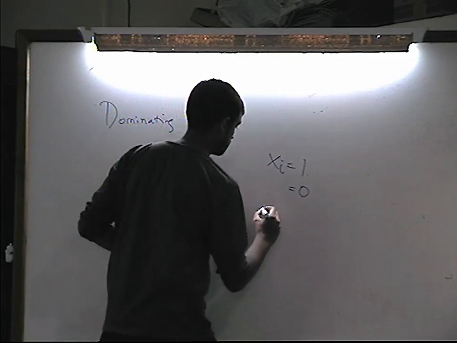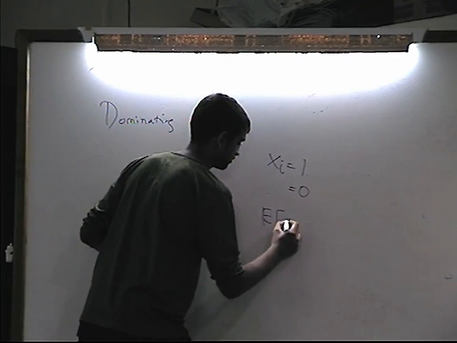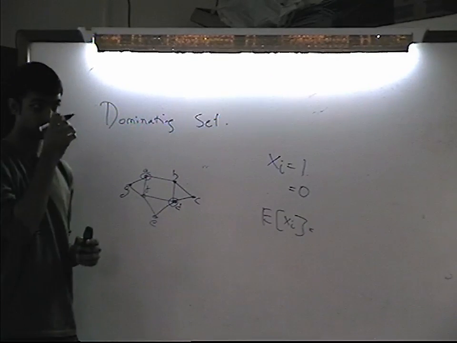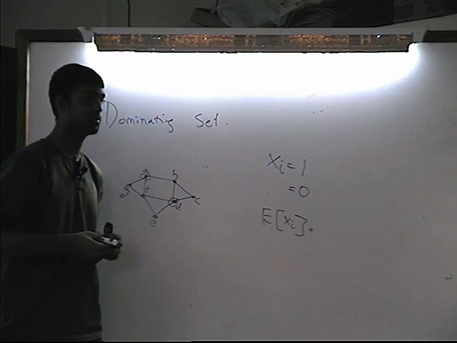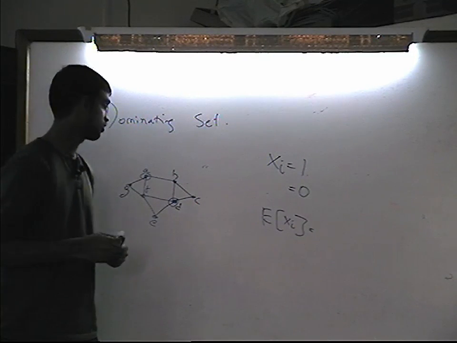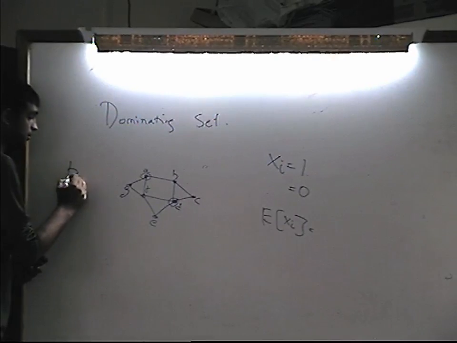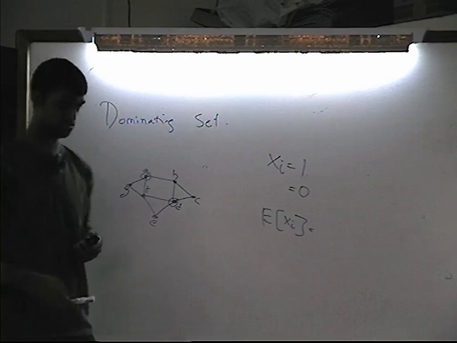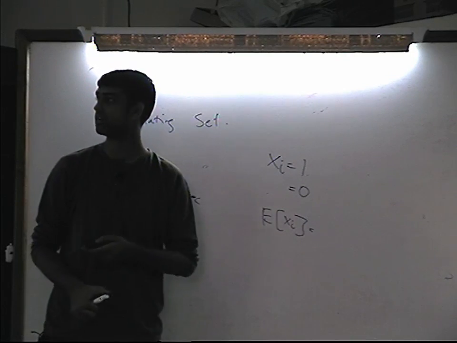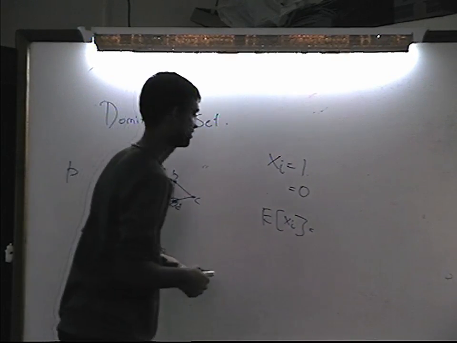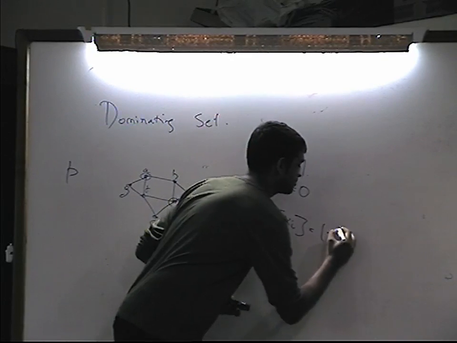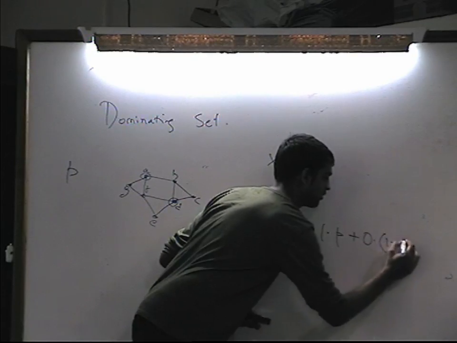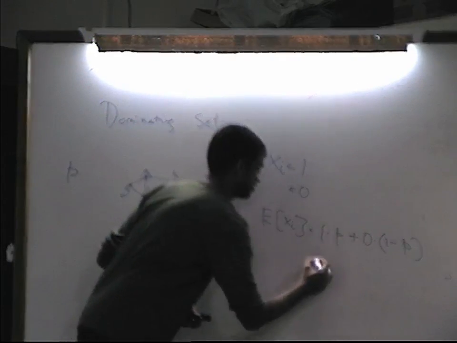So now, what is the expectation of xi? Can anyone tell me this? We are doing this with the probability p, not half. Just xi, right? So it's just 1 times p plus 0 times 1 minus p. So this will be p.